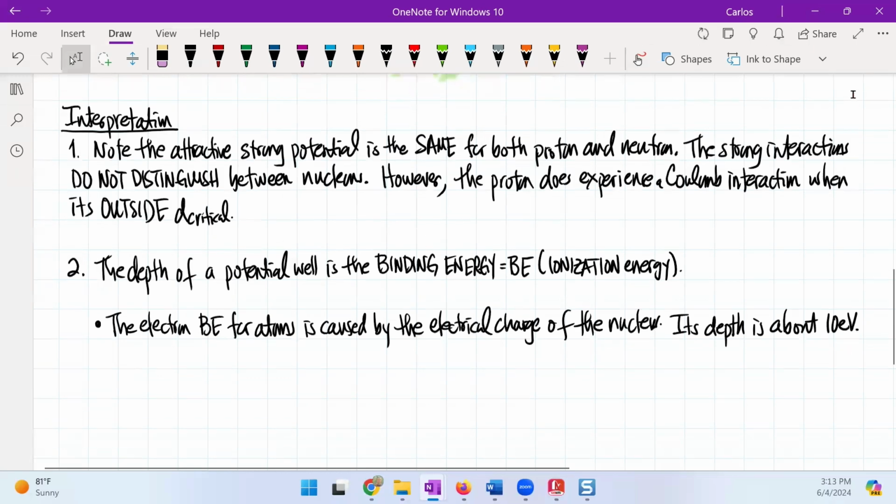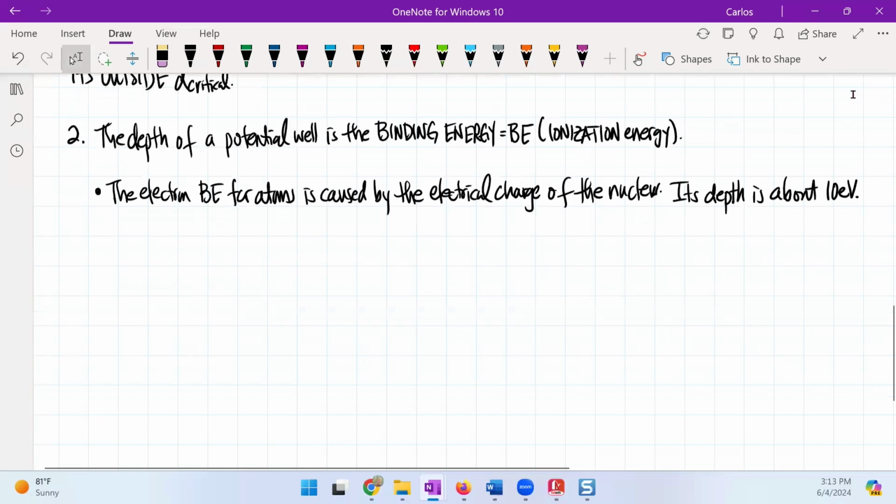If this is the case, what do we know about nucleons?